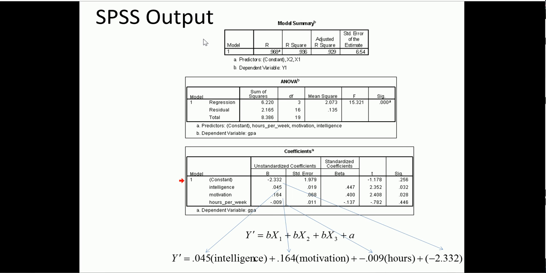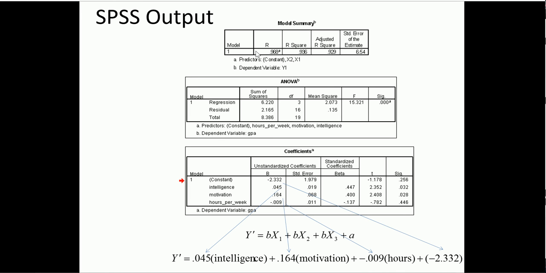Basically, you'll get a model summary. The model summary will give you big R, which again is the multiple correlation coefficient, and also R squared, which you can interpret as the proportion of the total variance in the criterion that is explained by your predictors.